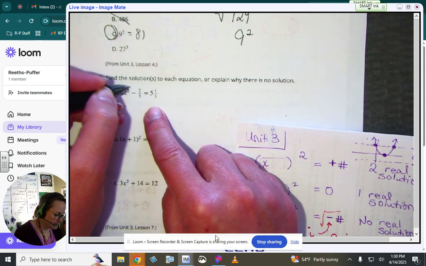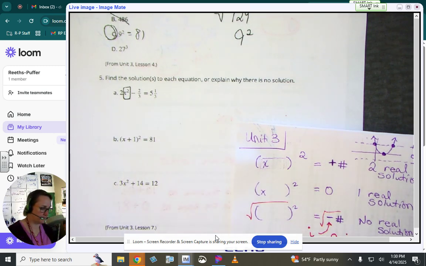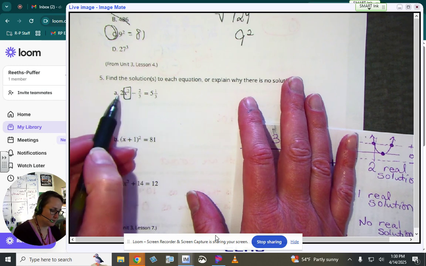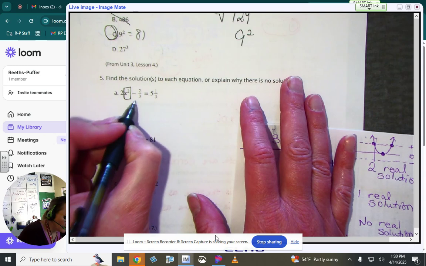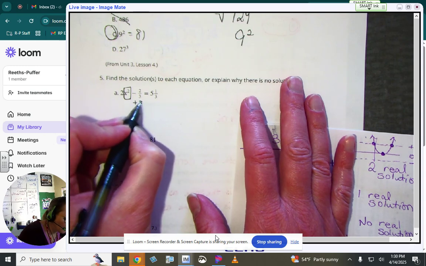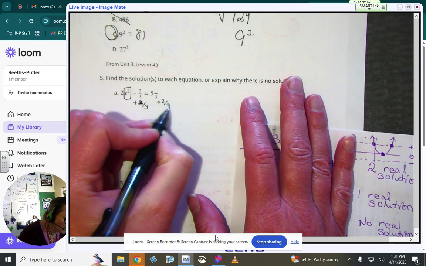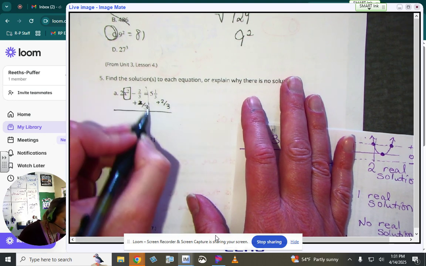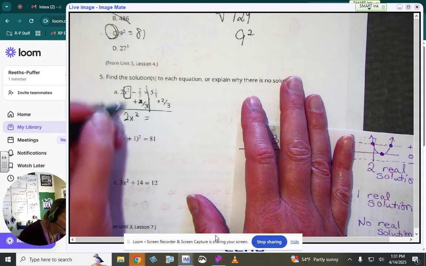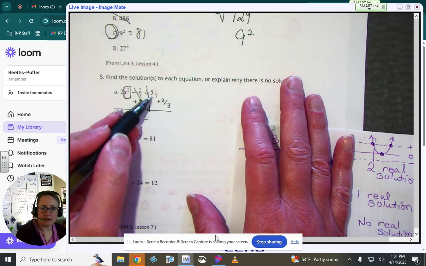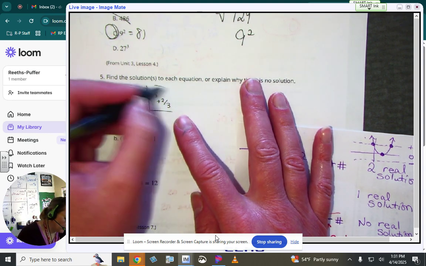I need to think about this. I need to get that by itself first. I have x, I'm squaring it, I'm multiplying it by 2, then I'm subtracting 2/3. So opposite order means that I'm going to now add the 2/3 to both sides of my equal sign. 2x squared equals, those cancel, 5 1/3 plus 2/3 more, well, that makes a whole other complete 1.